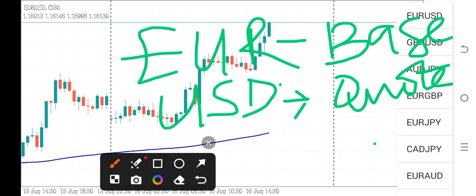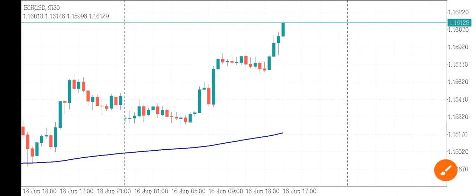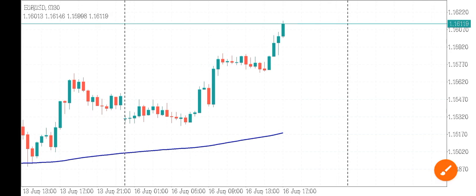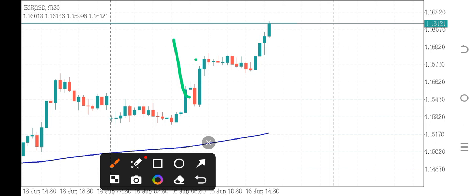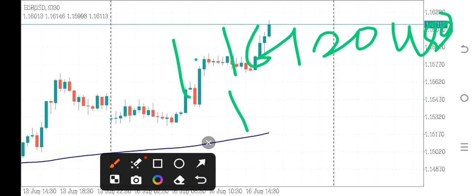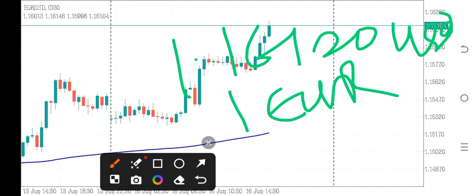Now, if I want to trade Euro USD, I need 1.1620 USD to get 1 euro, meaning that about 1.16 dollars is equivalent to 1 euro.